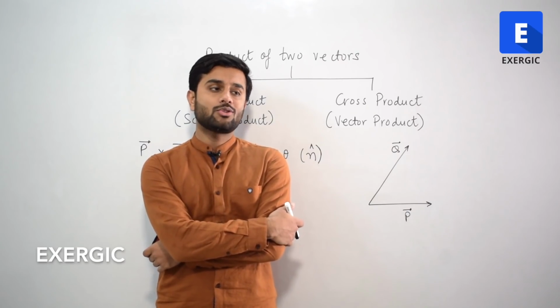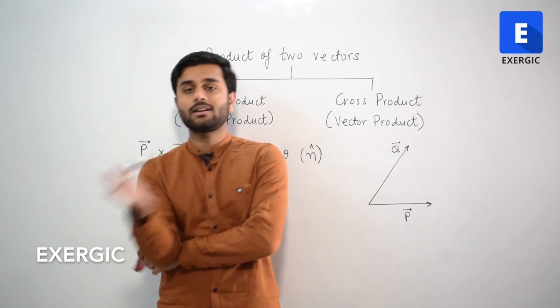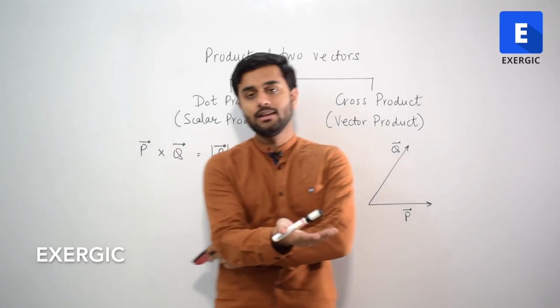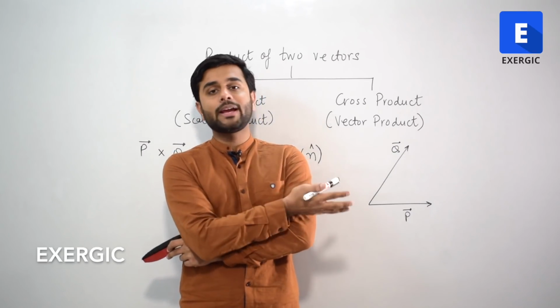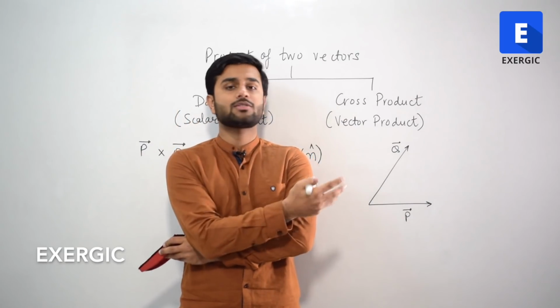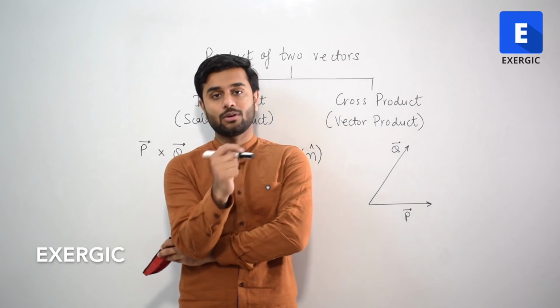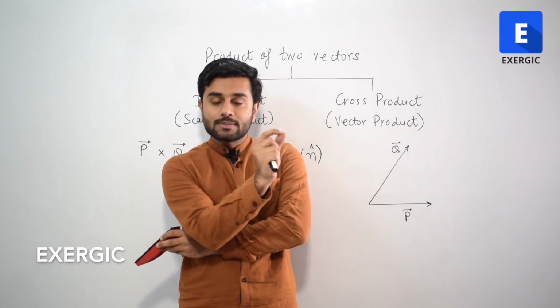Look, it's not necessary that two vectors when multiplied together will always result in a scalar quantity. Do you think so? Work is a case, obviously, but there are cases when you are multiplying two vectors and you are getting another vector, a third vector. Their multiplication is not giving you a scalar value, right? For example, torque or moment of a force. You multiply force with the displacement.